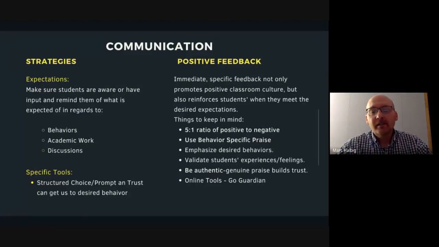So 5-to-1 may be difficult for you at first, but maybe you have something tangible somewhere to remind you. When I was trying to get better at this, I had something clipped to my clipboard when I would go around and talk to students, a reminder: focus on the positive, emphasize the desired behaviors.